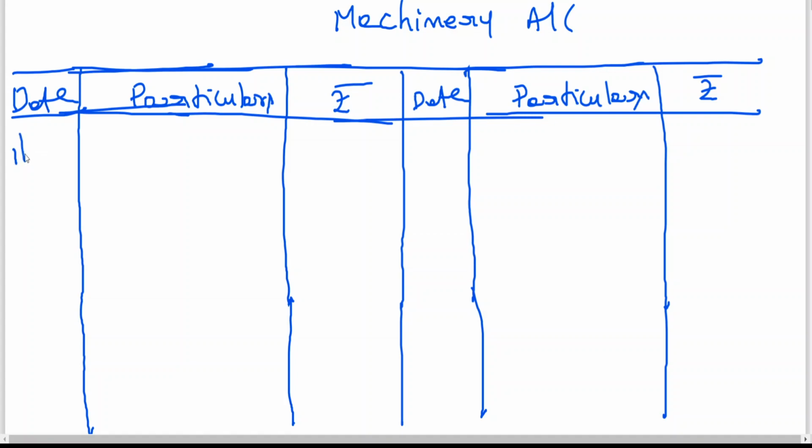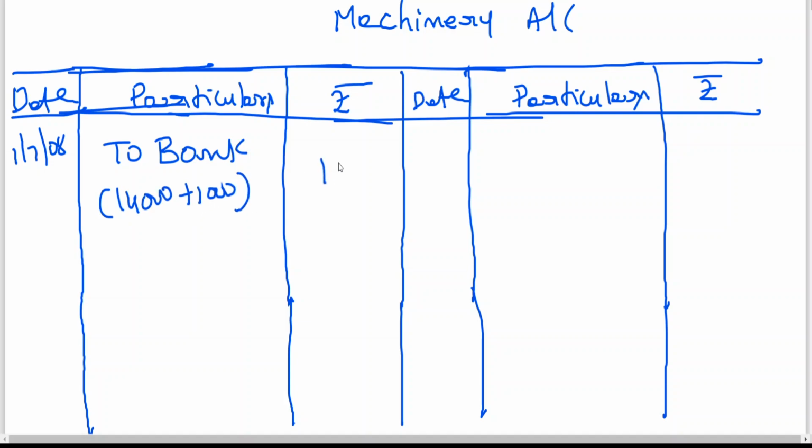So, 1st July 2008, machinery account to bank. I've already given the entry in the last class. That is 14,000 cost of the asset plus installation charges 1,000, 15,000. And they are closing books on 31st December 2008.